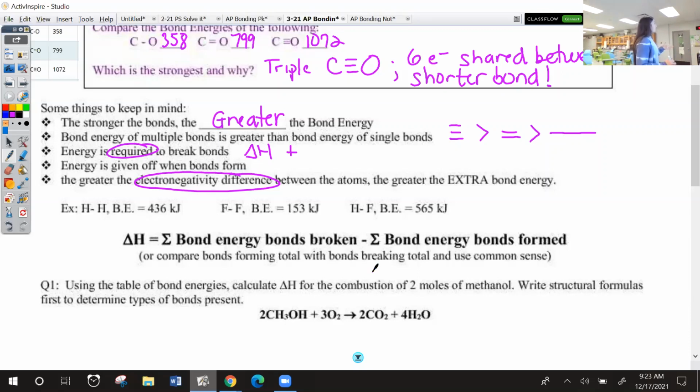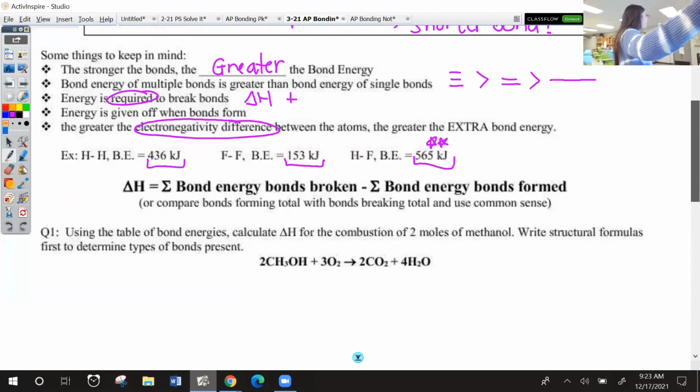Okay, so we can see that HH is 436 kilojoules per mole, and FF is 153, and then we've got HF at 565. Okay, what I wanted to show you with this was, if you have HH and FF versus the HF, you're going to see a greater bond enthalpy, again, when we have a greater electronegativity difference between them.